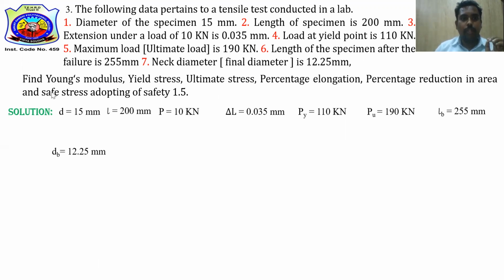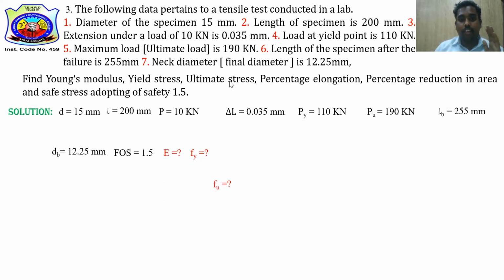And also I need to find Young's modulus. And one more thing he has given, factor of safety is 1.5. He's asked us to find Young's modulus, capital E equals question mark, then yield stress. Stress is nothing but F. Yield stress is Fy.